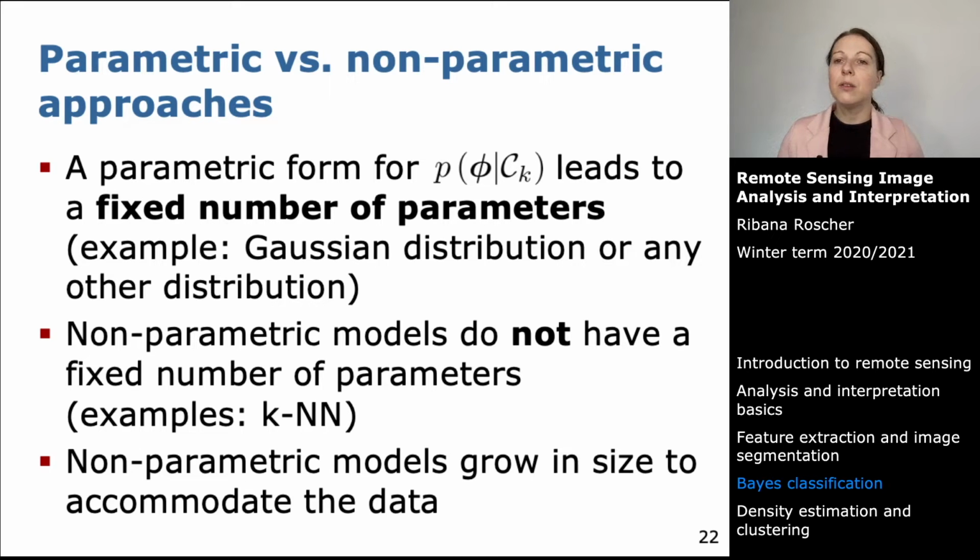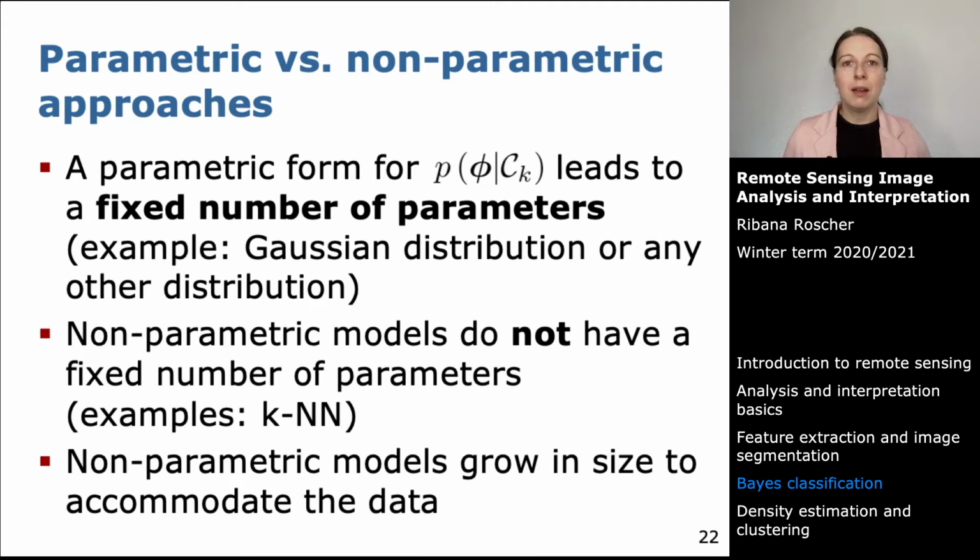The other case is that you use non-parametric approaches. It does not mean that you do not have parameters. It just means that you do not have a fixed number of parameters, and you use the data to define the distribution of your data. It can be the whole data set or just a part of it. And a good example is k-nearest neighbor. Here, remember, the whole training data set given was used as representation for it.